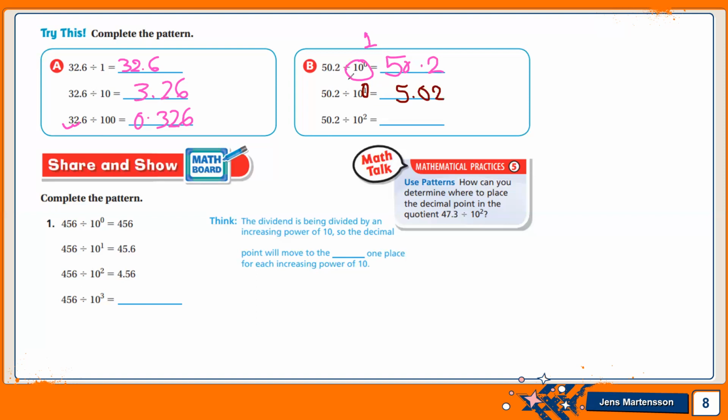Now, Huriya. Jilan. Yes, Jilan. 50.2 divided by 10 squared. Bravo, you have to move it 2 digits. So 0.502. Thank you.